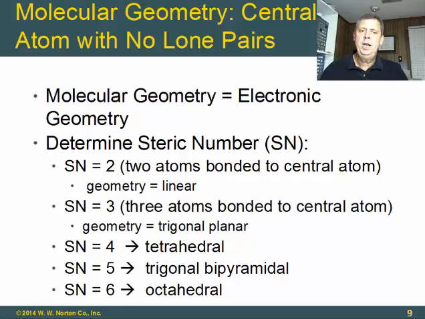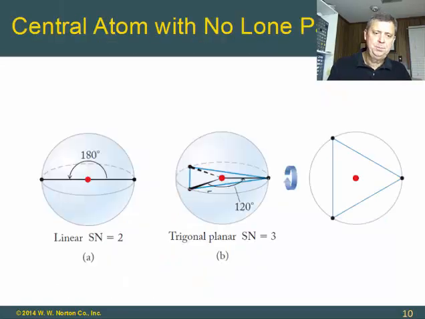Like with the boron trihydride. With four, like with methane, you get a tetrahedral. Then there's trigonal bipyramidals and octahedrals and lots of others. You can have a square planar, which is kind of weird, but it does happen sometimes, and a few other geometries. But for right now, I want you to really concentrate on the first three cases: linear, trigonal, and tetrahedral. And one more we'll have to mention in a bit.